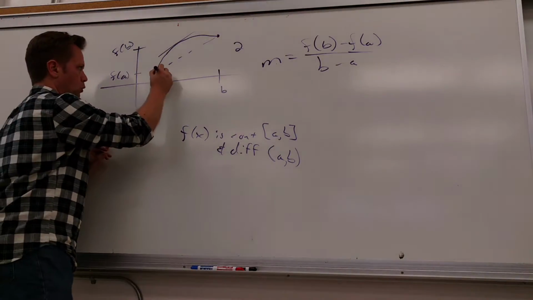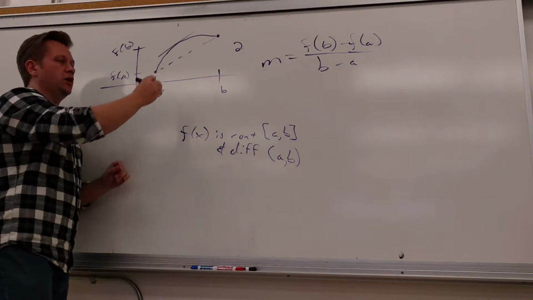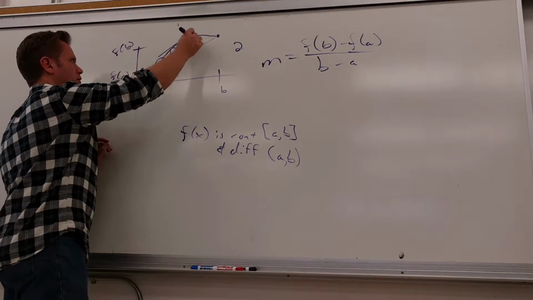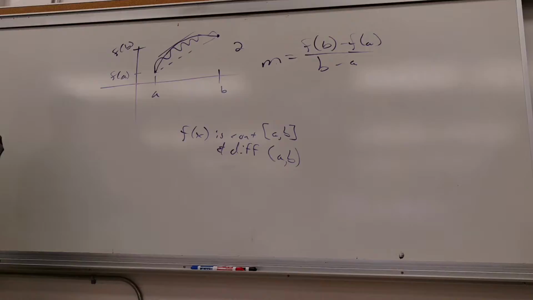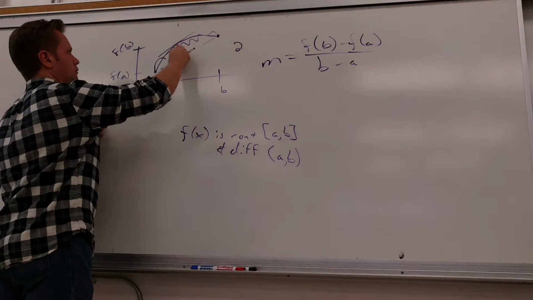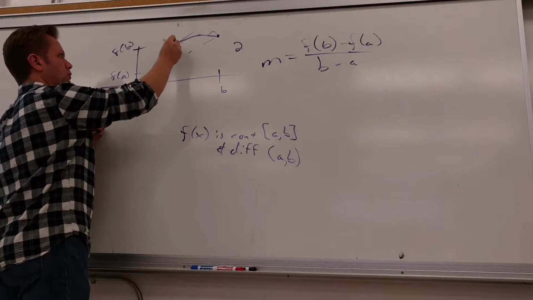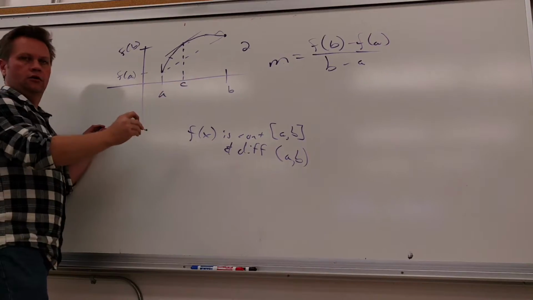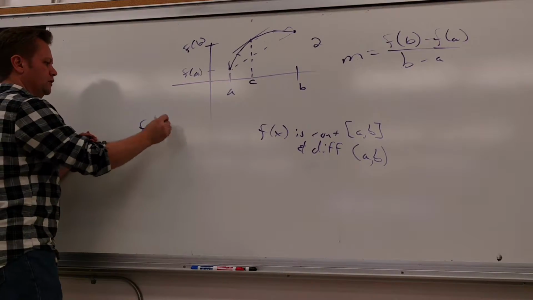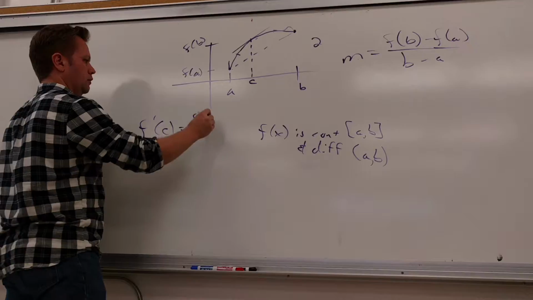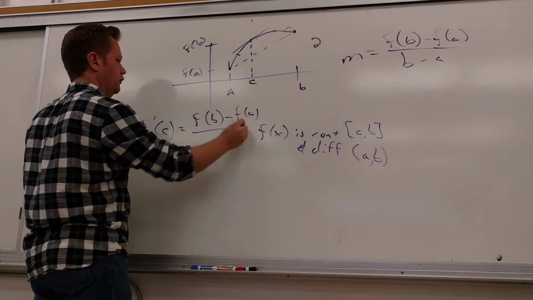And maybe there'll be a lot of places. So this theorem, the mean value theorem, says there's at least one place, we'll call it C, where f prime of C equals the slope as the crow flies.